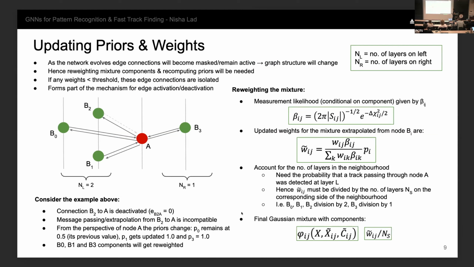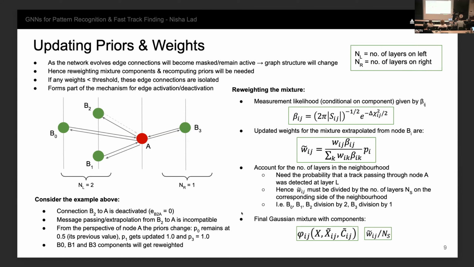So the way that we would reweight the mixture is just with a normal measurement likelihood given by the Gaussian normal likelihood. We would just use a very simple calculation for updating the weights. So this would just be the ratio of a given weight with the likelihood and a prior probability as well, divided by all of the weights.